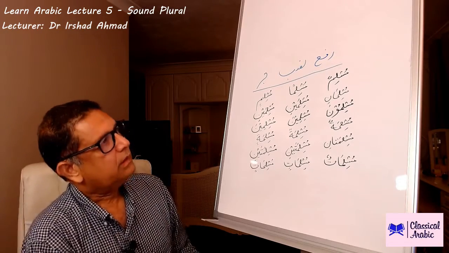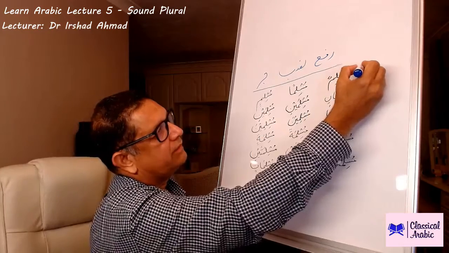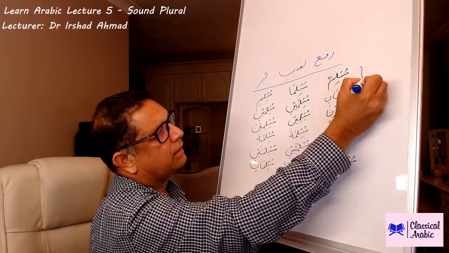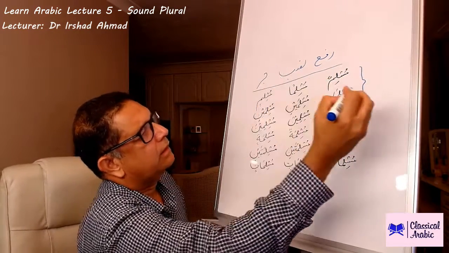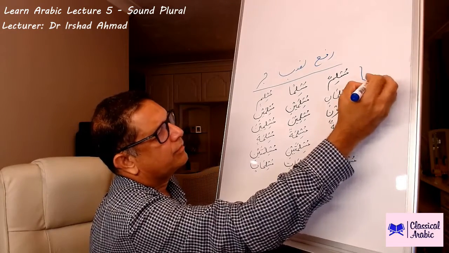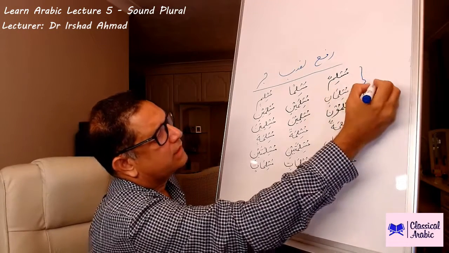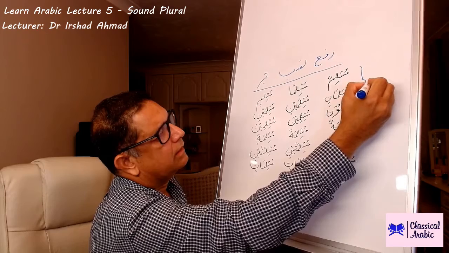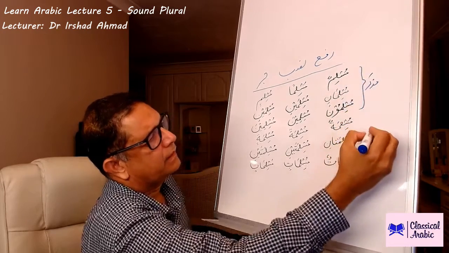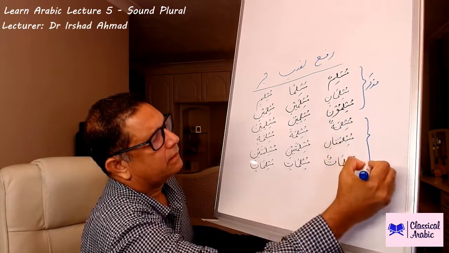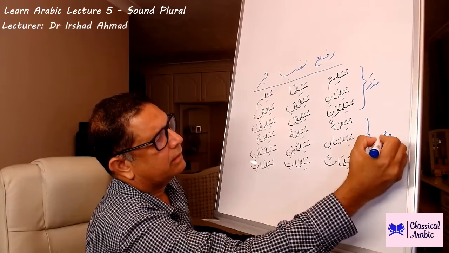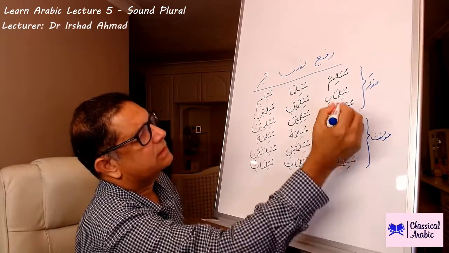So on this side we have muzakkar and muannas.